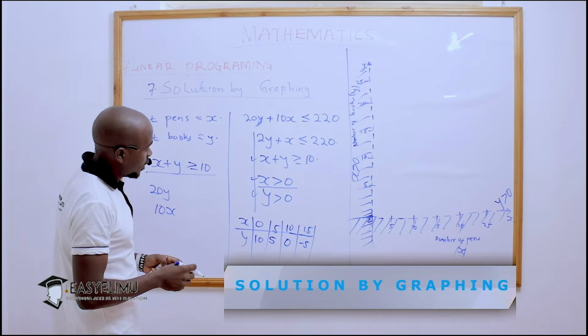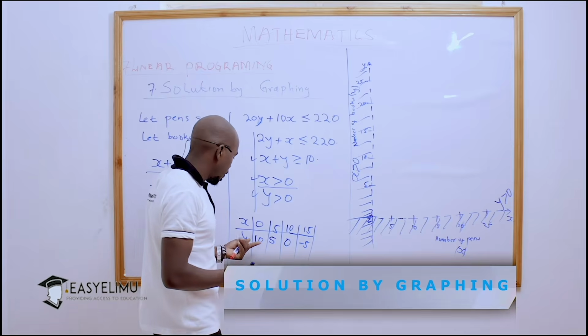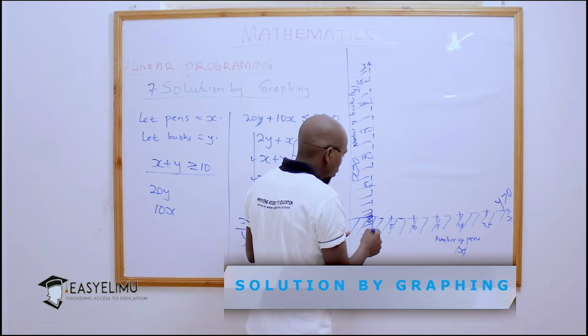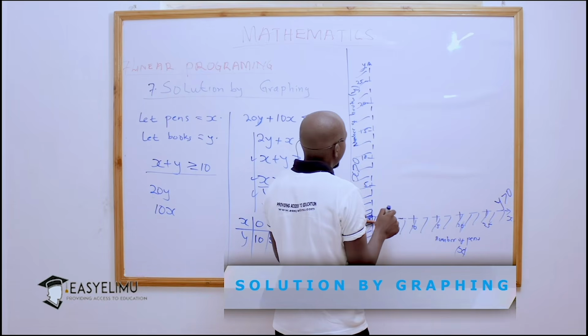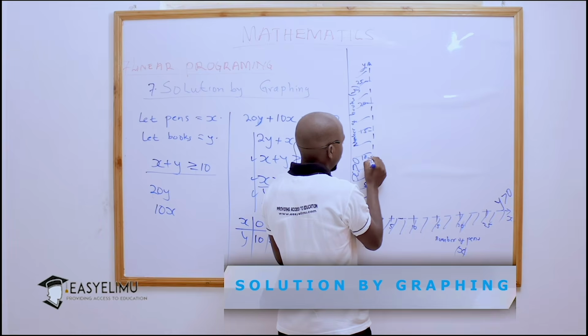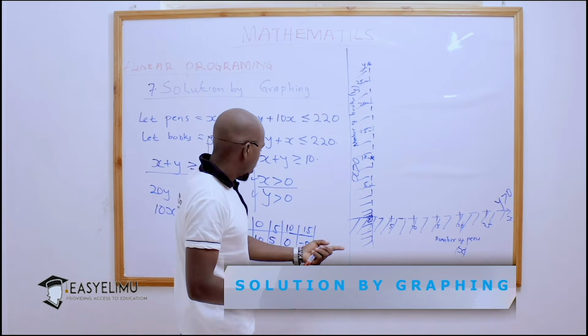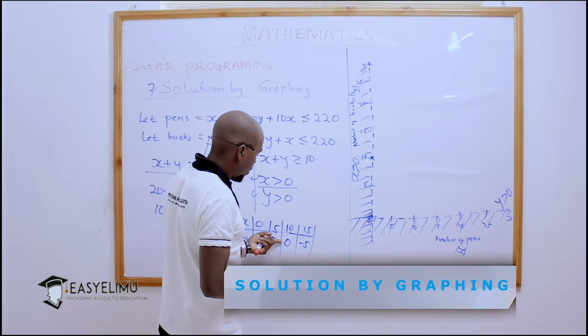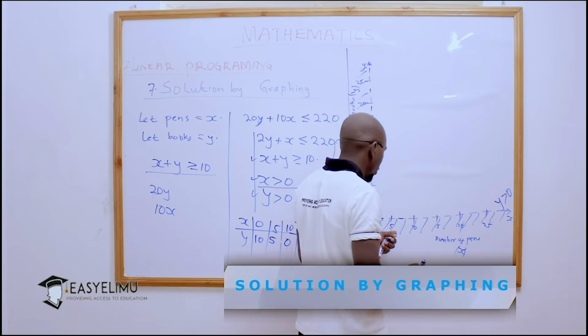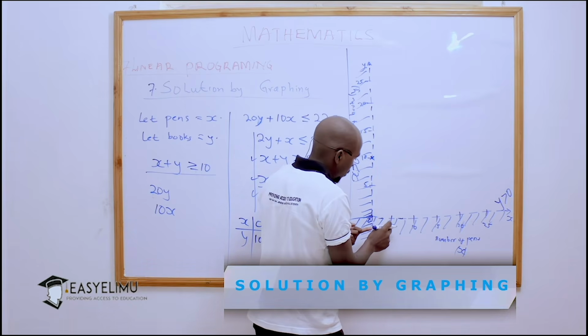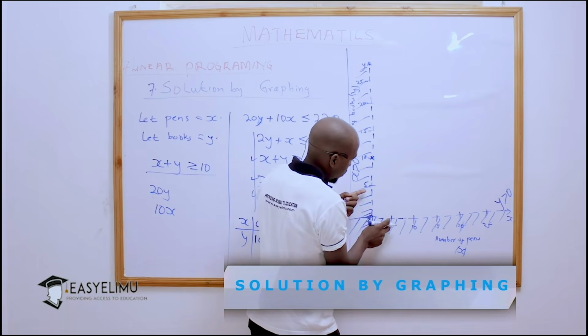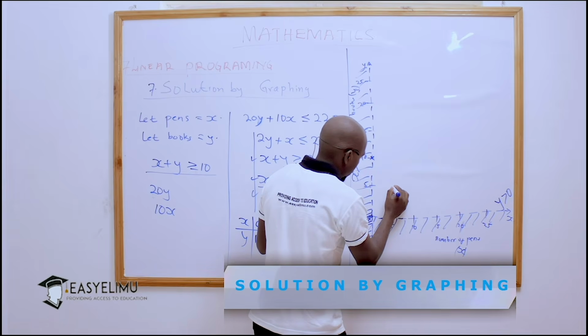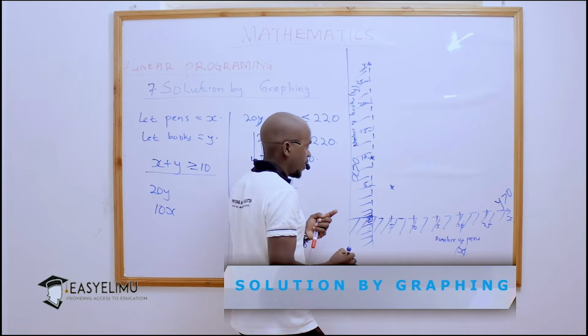So if that is the case, we can plot this one: 0, 10. If this one is 0, then the line will be passing through this point. If the number of pens is 5, then that of books should also be 5, so we find it in the middle somewhere there.